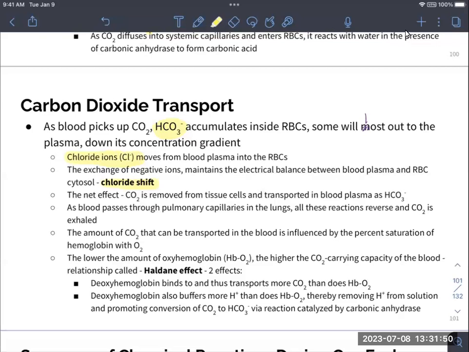We're getting rid of that bicarbonate that goes out into the plasma as chloride goes in. We're maintaining that balance. It's that chloride shift. So as carbon dioxide is removed from the tissues and transported into the blood, it becomes that bicarbonate.